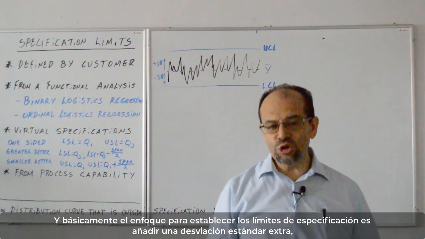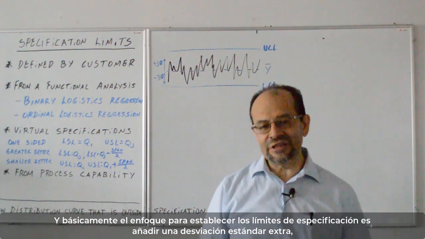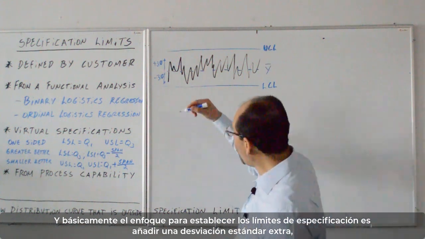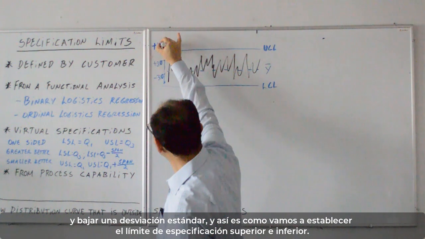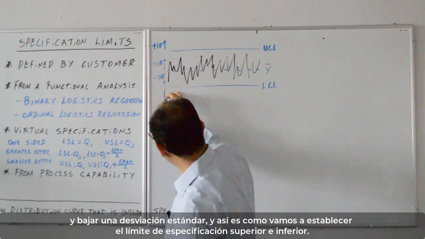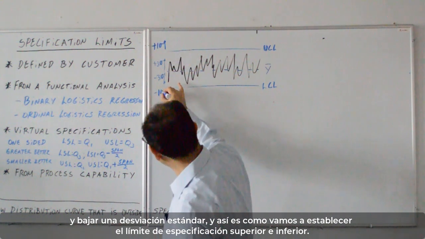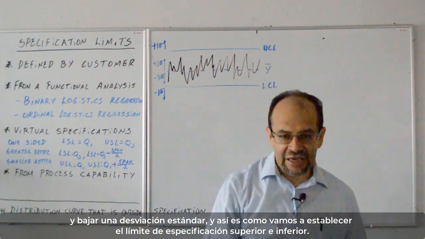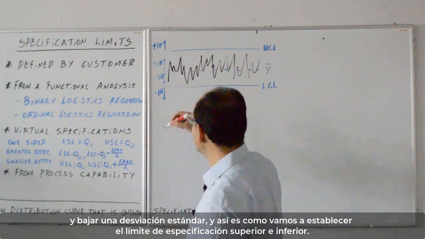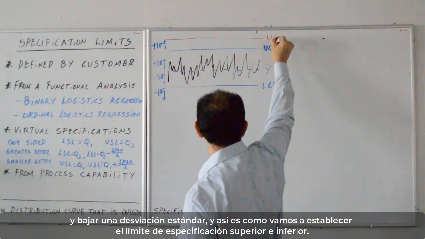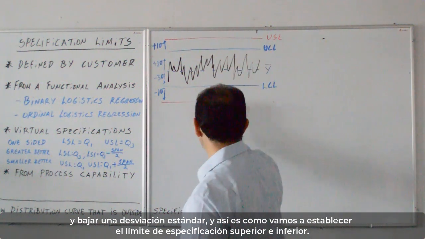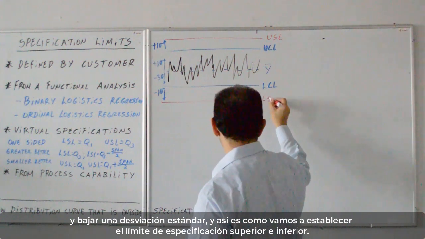And basically the approach to establish the specification limits is adding one more standard deviation here, plus one standard deviation, and minus one standard deviation here, and that's how we determine the upper specification limit and the lower specification limit.